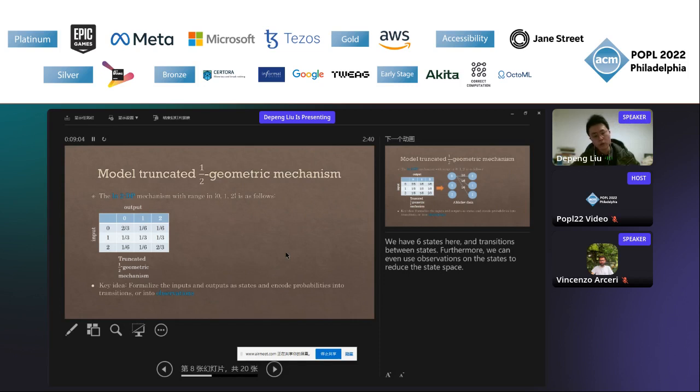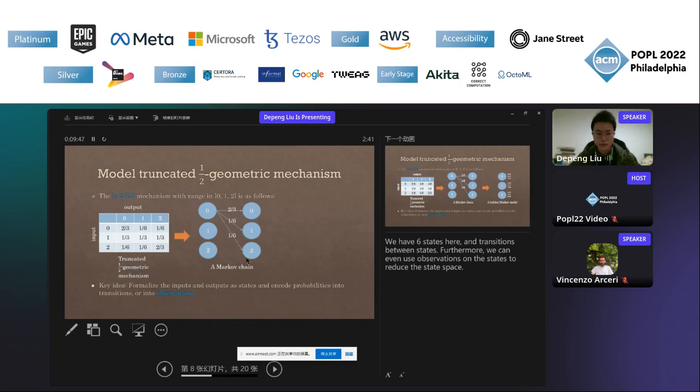So next is to model the truncated geometric mechanism. The log 2 DP mechanism with range in 0, 1, 2 is as follows. Here, the columns stand for inputs, and the rows stand for outputs. The entry stands for the probability of the corresponding output. And then we can turn the inputs and outputs into states here. We have 6 states, and we can encode the probabilities into transitions from states to other states.